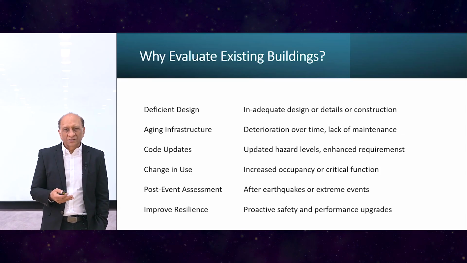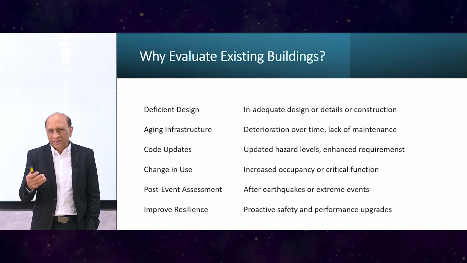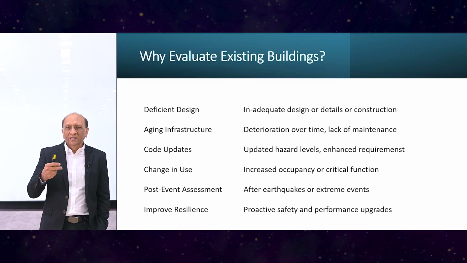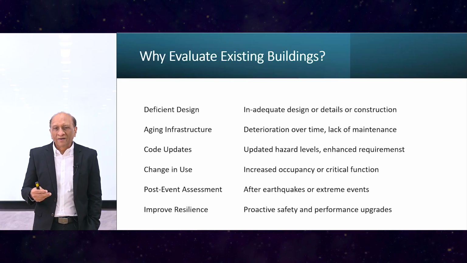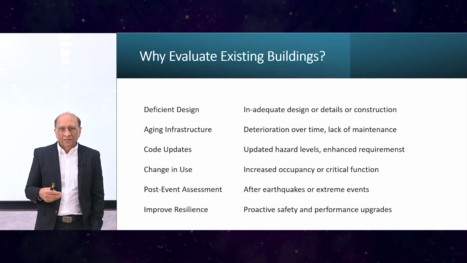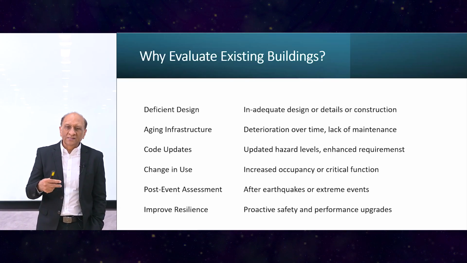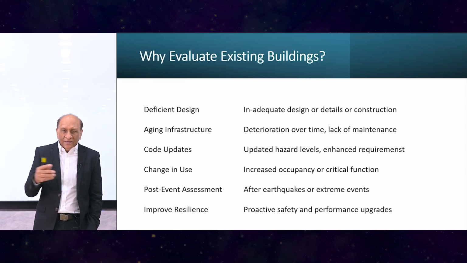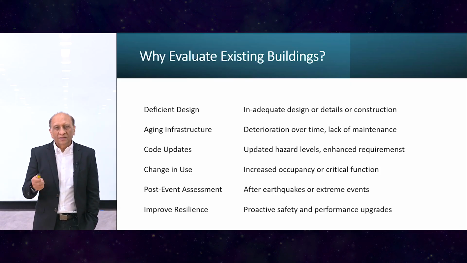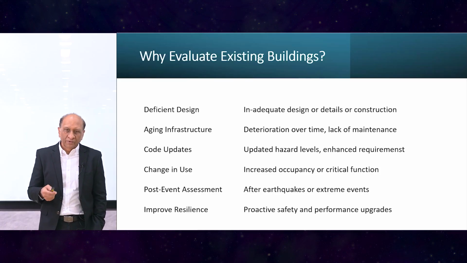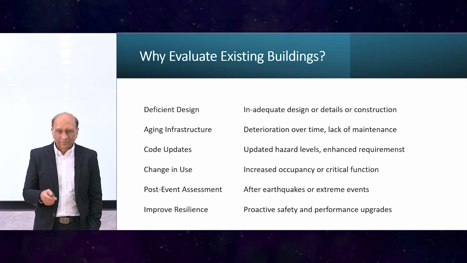The codes have changed, and the hazard levels have changed. We've seen in many countries that the seismic maps keep getting revised, and the way that we look at the seismic hazard from UBC 97 to the current has completely changed. So that means the hazard levels have actually changed because we have more knowledge about hazards.